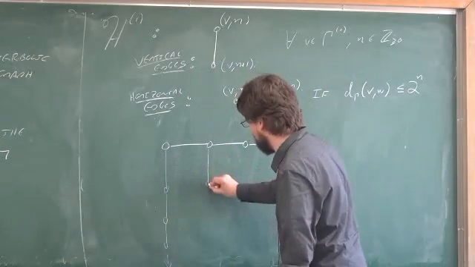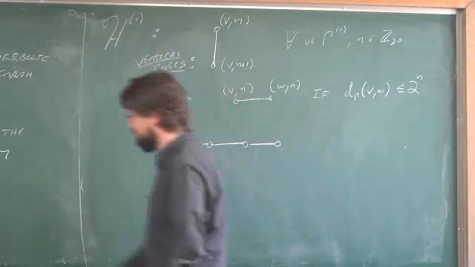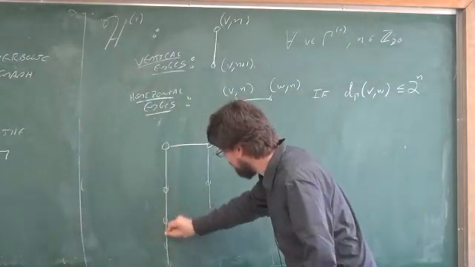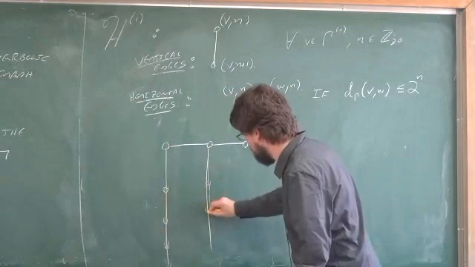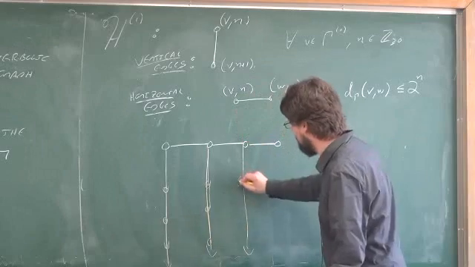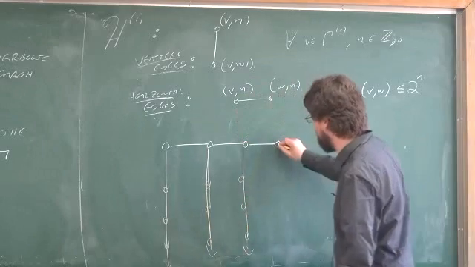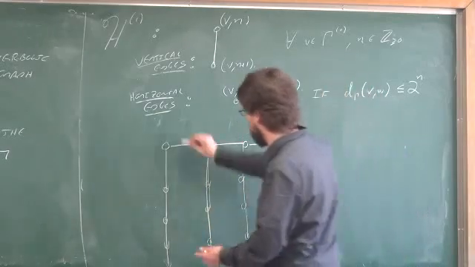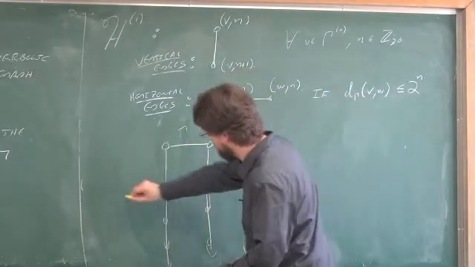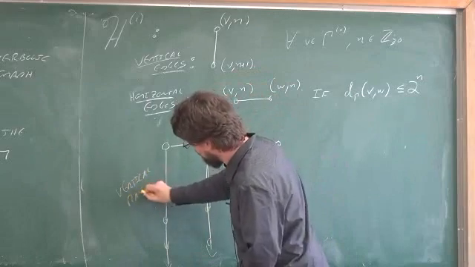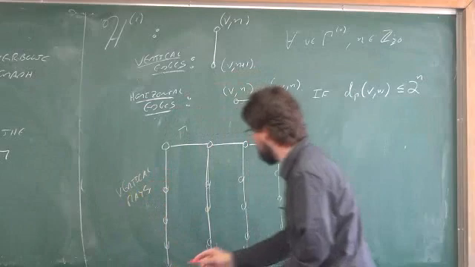These are the vertical edges. I'll draw the vertical rays in yellow. And gamma's at the top, in white. I want to think of this as something I'm attaching to gamma. And then I have some horizontal edges.